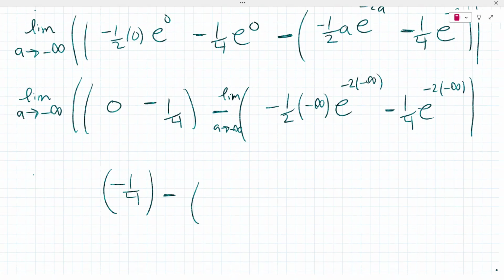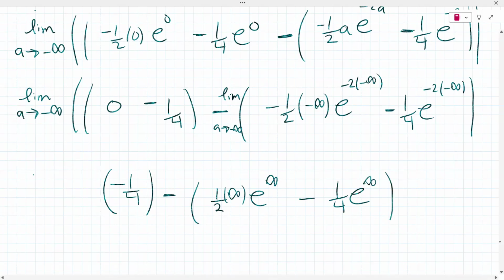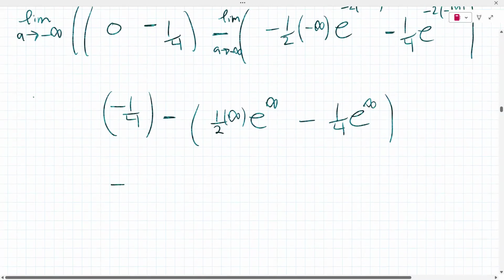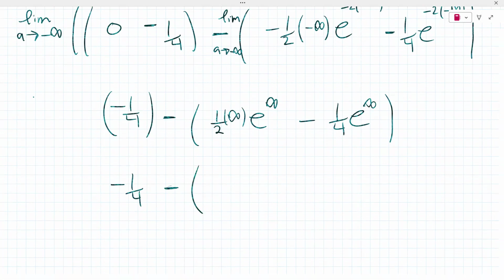Negative times a negative is positive, so that's going to be 1/2 infinity e, and then negative 2 times negative infinity is positive infinity, minus 1/4 e, and then negative 2 times negative infinity is positive infinity. Okay. So this is going to be negative 1/4 minus e to the infinity. E raised to a very large number is going to be that very large number times another infinity, so that's infinity.